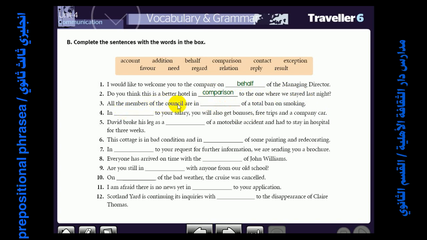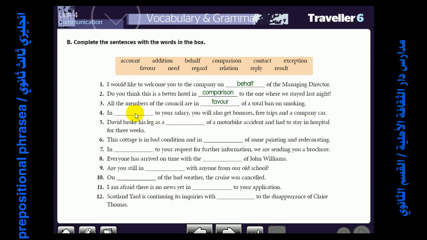All the members of the council, كل أفراد المجلس, are in favor of, مؤيدين. In favor of a total ban on smoking. حظر on smoking للتدخين. In addition to your salary you will also get bonuses, free trips and a company car.